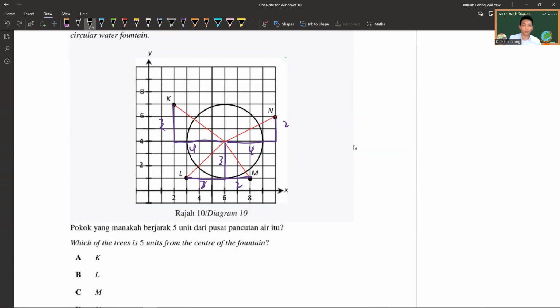If I count distance for K, then 3 squared plus 4 squared, then I square root, you will get 5. So this distance is 5. So the one that is 5 units away is K. But if you're not sure, you can calculate the rest as well. But for me, if you remember the Pythagoras triple 3, 4, 5, then you will know it's that one straight away. Then you just verify using Pythagoras theorem.